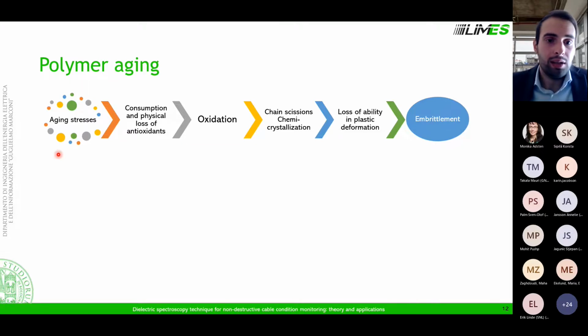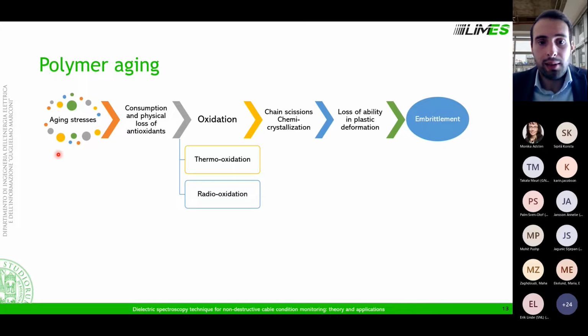This aging is made up of different steps. We have the initial consumption and physical loss of the antioxidant. After the consumption of antioxidant, we have the inception of oxidation, which can be catalyzed by high temperature or radiation. As a product of the oxidation process, we have chain scission and chemical crystallization, which finally bring about the embrittlement of the material.